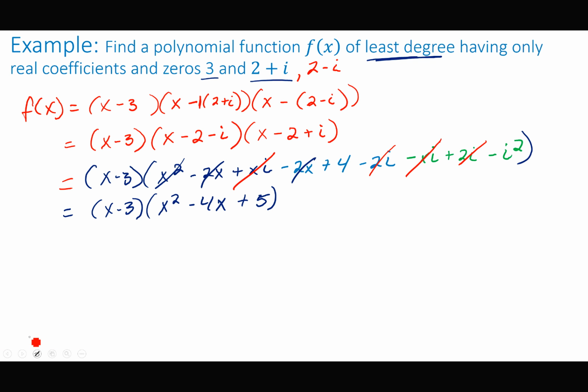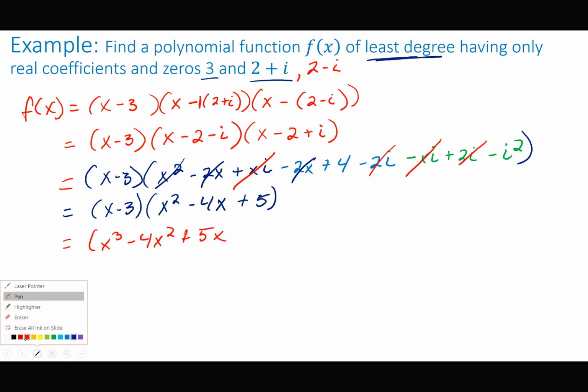But we have to multiply again by x minus 3. So we're going to have x times x squared, x cubed, x times a negative 4x, negative 4x squared, x times 5, 5x. And then we have negative 3 times x squared. Negative 3 times a negative 4x, we have positive 12x.